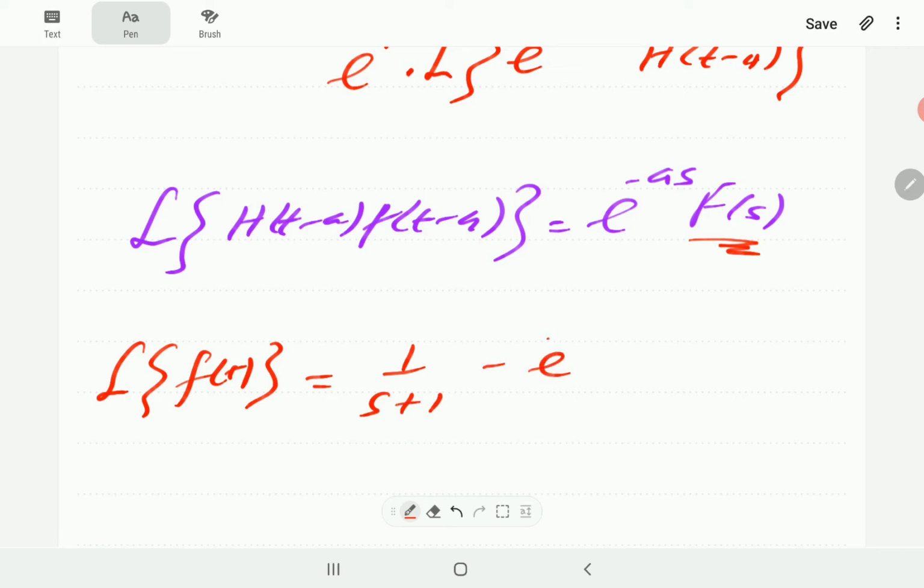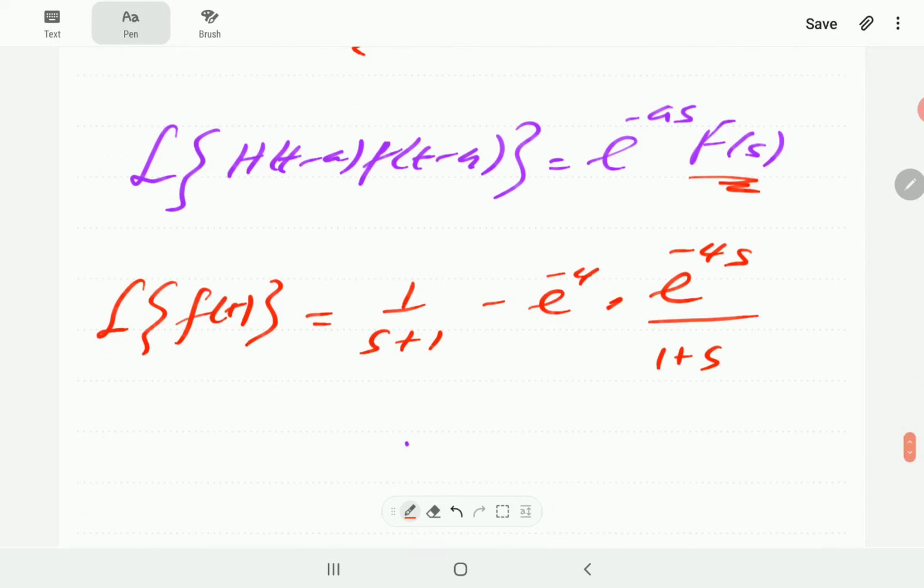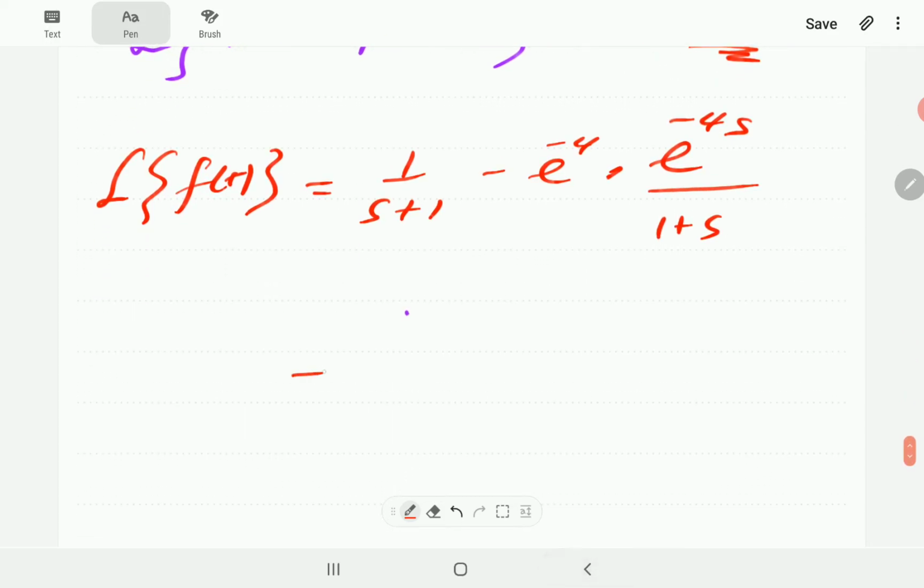The constant e to the minus 4 goes through the process of taking the Laplace transformation. For this one, it's going to be a term similar to this one, but with the addition of that a is 4, so it's going to be e to the minus 4s all over 1 plus s. And then again this we can write as one term.